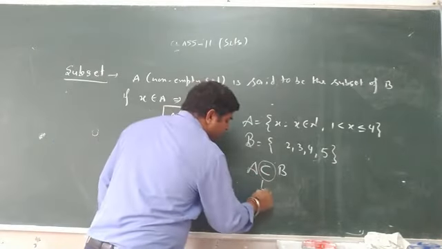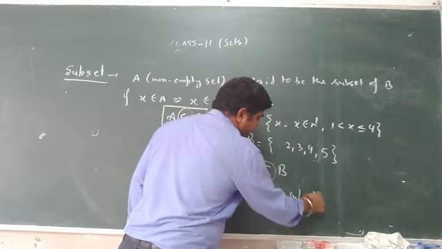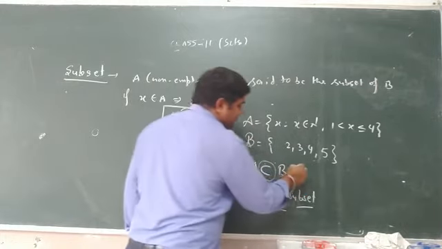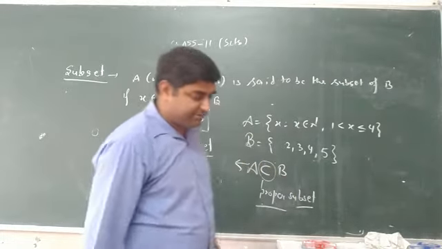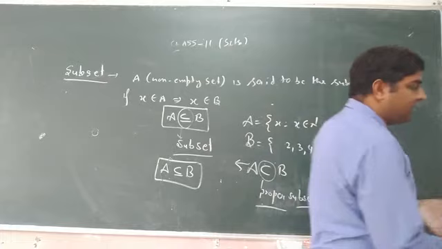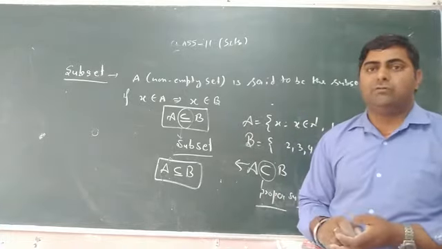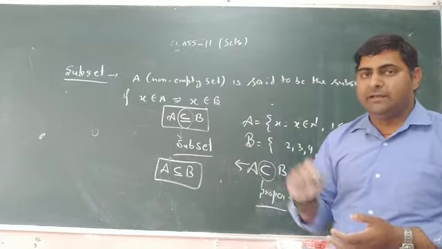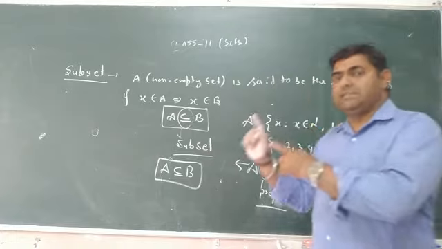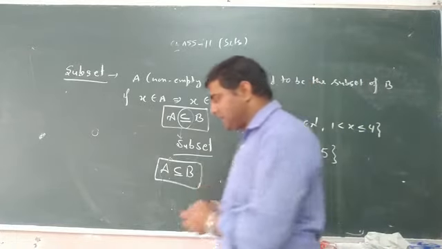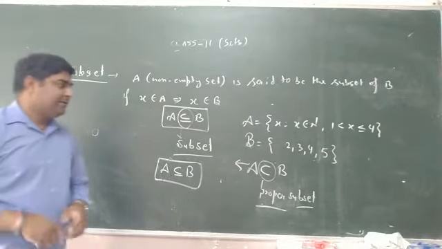This represents proper subset. And B is called the superset of A. So A is a proper subset of B if all the elements of A are present in B, but B has at least one element which is not present in A. That is the definition of proper subset.